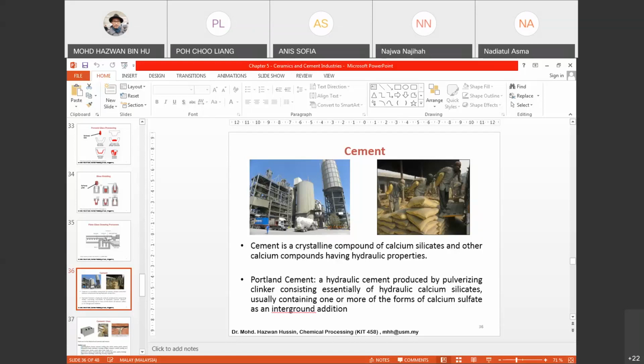So in this case, you are not going to have only calcium silicates, but also the addition of clinkers. We will learn about clinkers after this, but clinker is basically a material that is added to make the cement properties more durable. For example, gypsum or calcium sulfate could be one of the useful additions that is normally added into the cement.